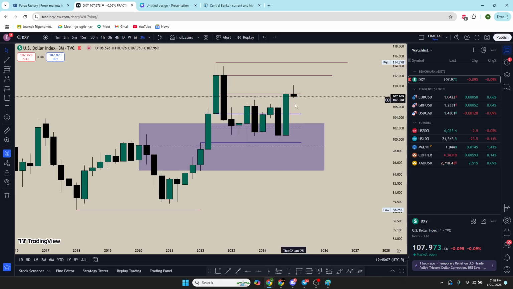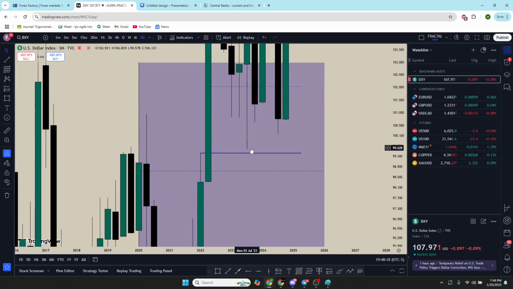We might have to come lower to get into the 50% of this mitigation block, also filling in the full. If you guys can see, there's still some gap here, so I can draw that as well. There's still some gap here, right, to be filled on dollar.